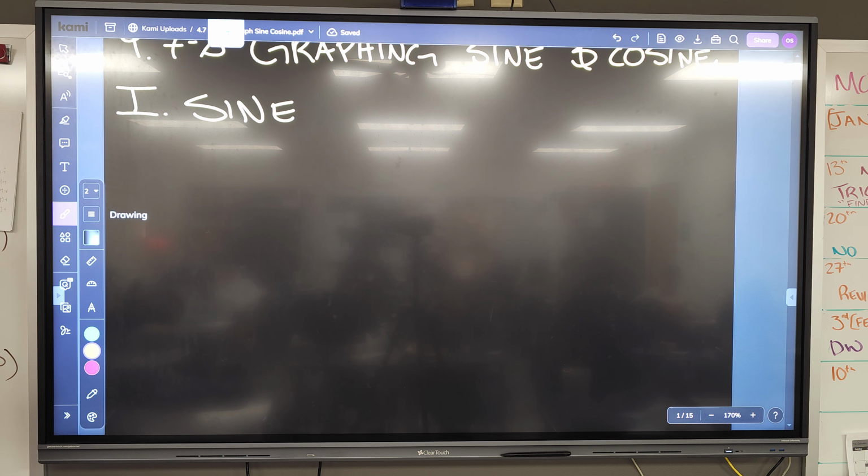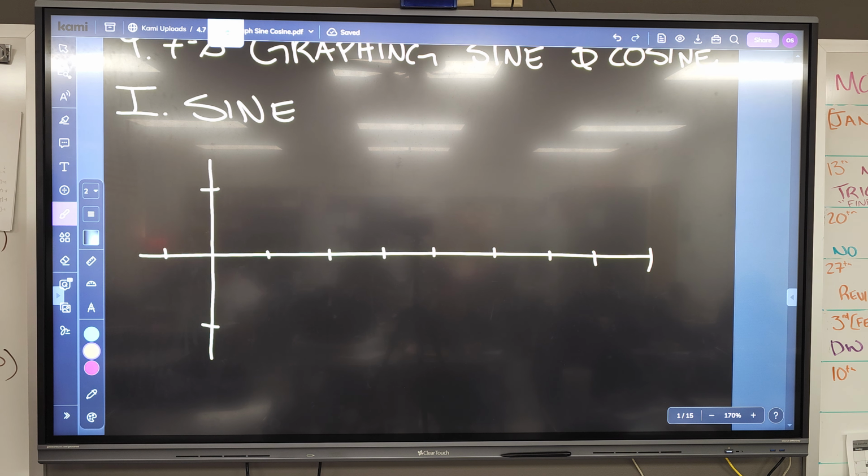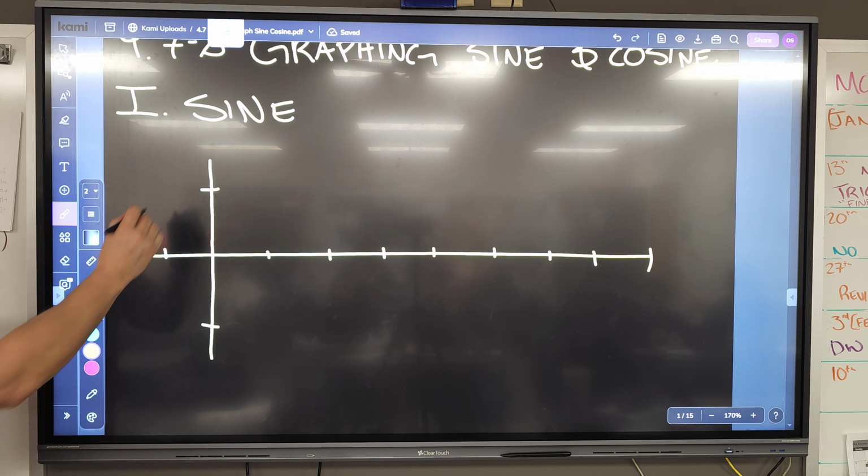But don't number them, okay? Just slash them like that. And then only one to the left, like that. And then up and down, just 1 and 1. Just as close as you can. I mean, it doesn't have to be exact. This will be 1, this will be -1. But don't number the x-axis yet, okay?